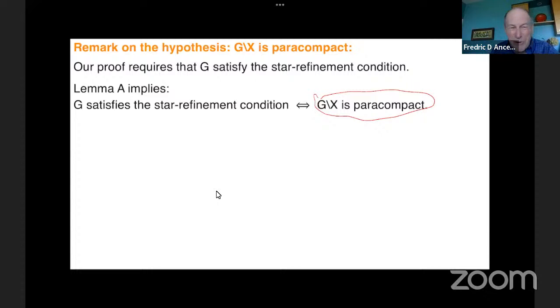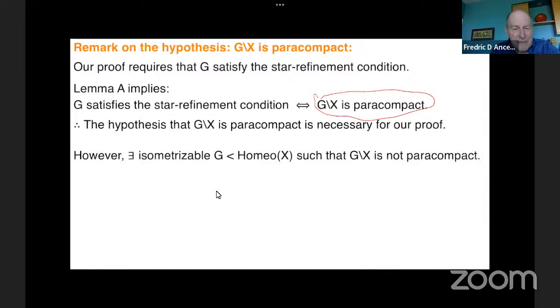And so the question is, do you really need it? And I don't think you do, and the reason is there are examples where the orbit space is not paracompact, but you can find isometrizable groups of homeomorphisms. Basically all you need to do is find an example where the orbit space is not paracompact.